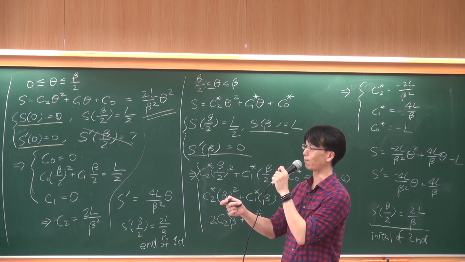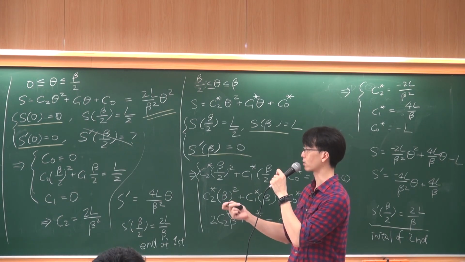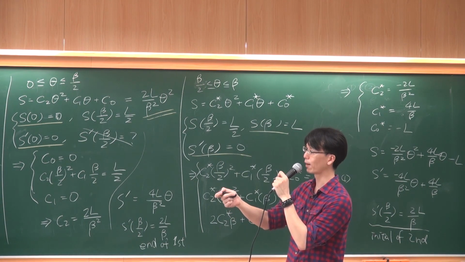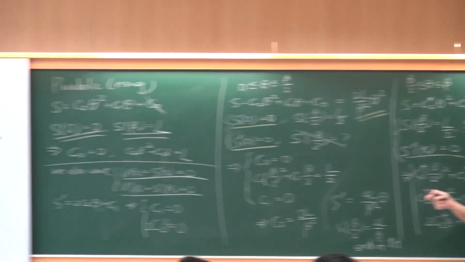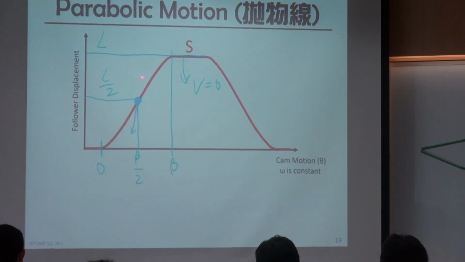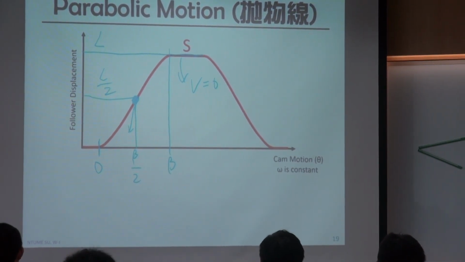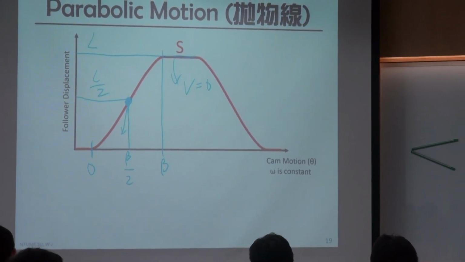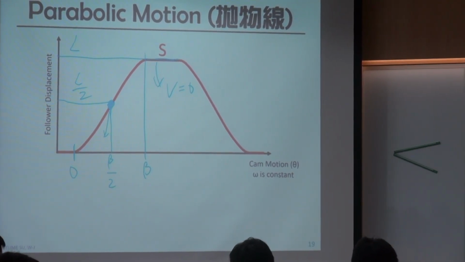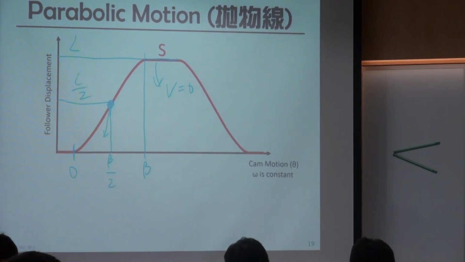So by using a parabolic curve, we divide it into two segments. There are two parabolic curves in one single curve. We found that you can satisfy these four conditions. Of course, you need to satisfy the displacement, but I can also satisfy the velocity.